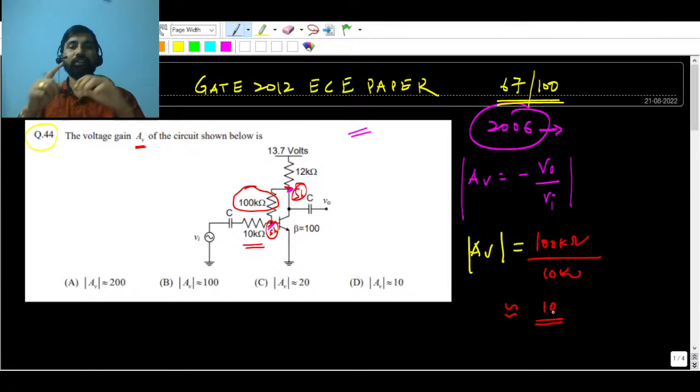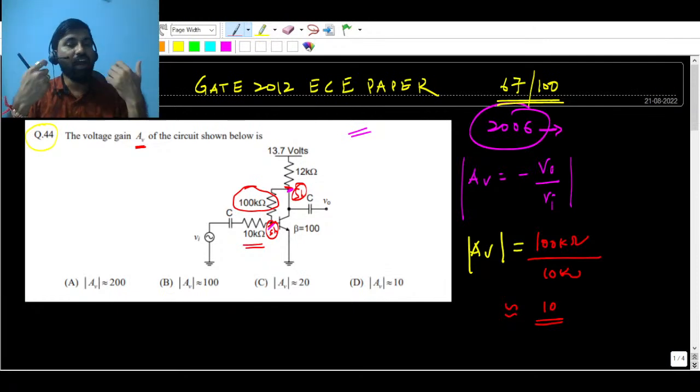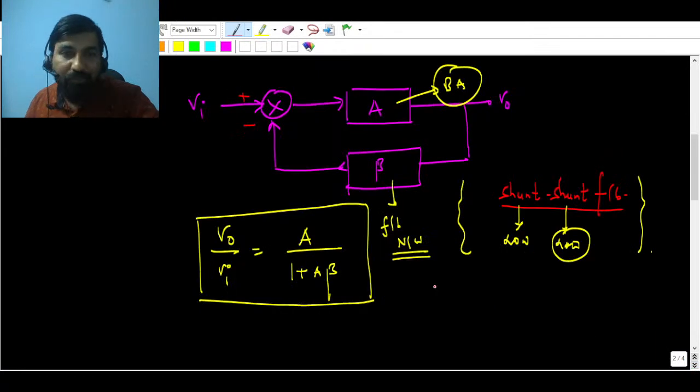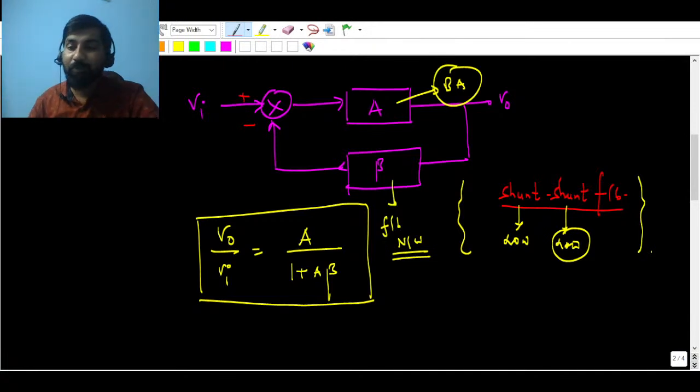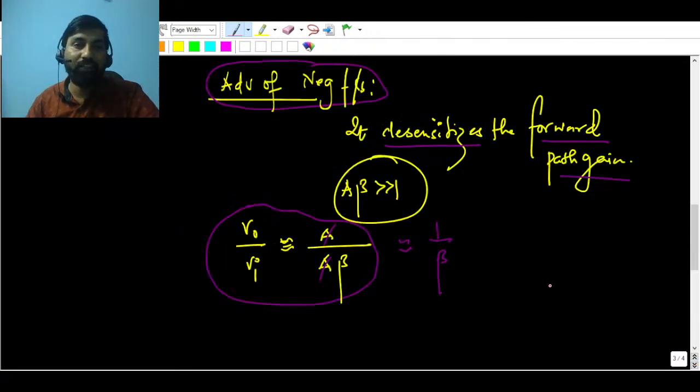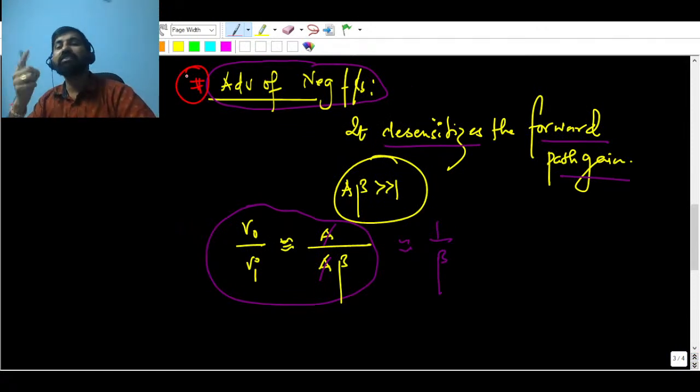You can see here I have considered BJT. I have made the assumption that the basic amplifier doesn't play any role here. Why? Because there is negative feedback. The wonderful advantage of negative feedback is that it always desensitizes the forward path gain.